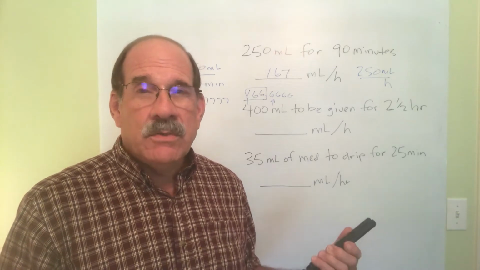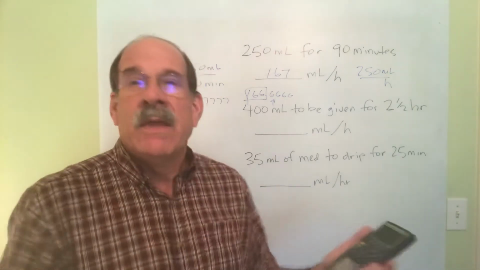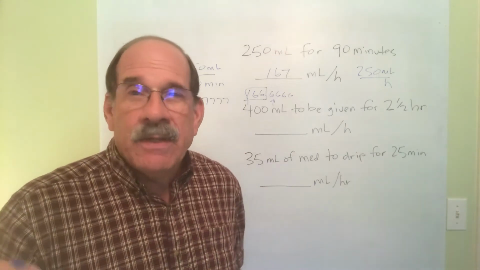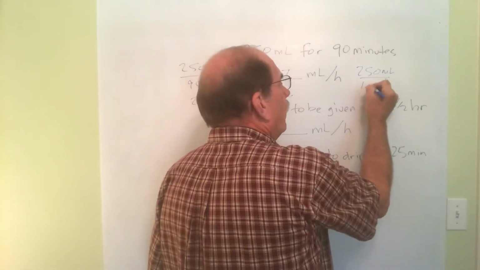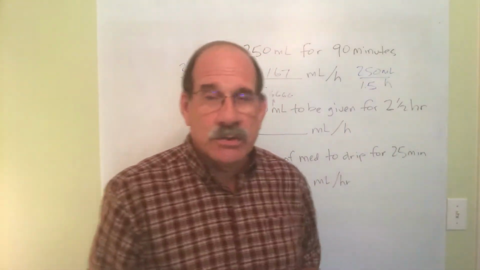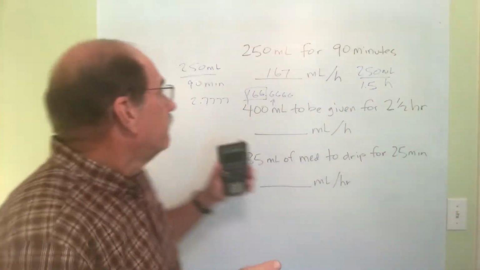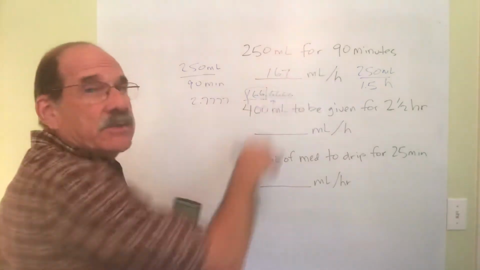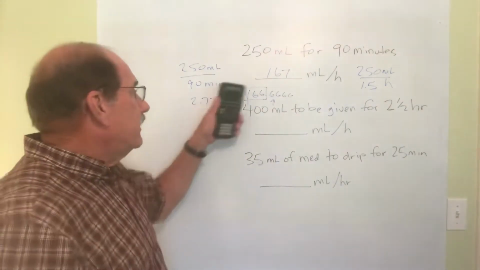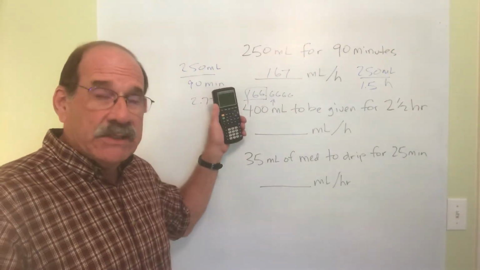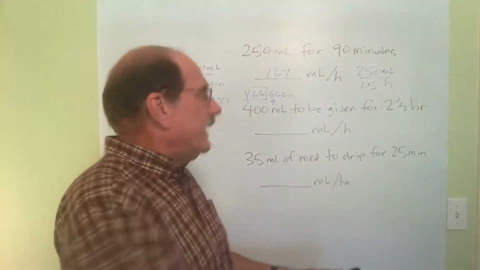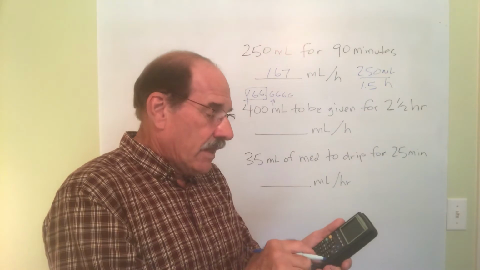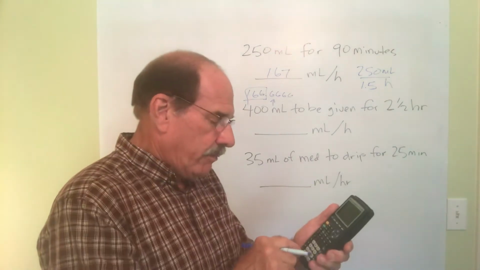Of course, you can't punch in 1 and 1/2. What is 1 and a half as a decimal number? 1.5. That's 1.5 hours. So I can either divide by the minutes that you're told, then convert that to mils per hour by multiplying by 60, or divide by the hours directly. What is 250 divided by 1.5?